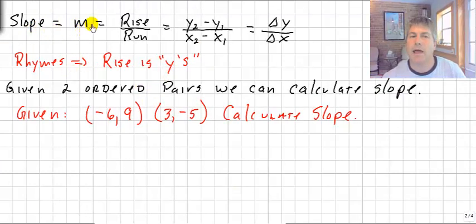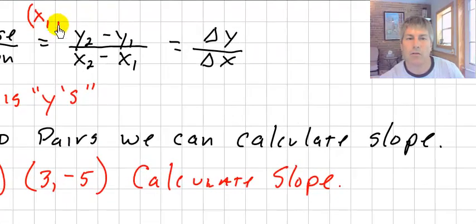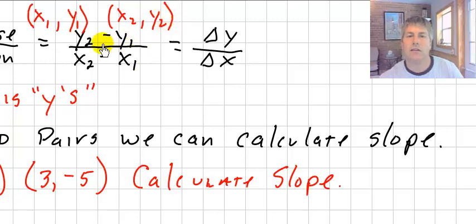Algebraically, we define slope. Yes, m. You'll see that in one of our formats for slope. Slope is rise over run. Okay? If we have two ordered pairs, x1, y1, and another ordered pair, x2, y2, we can calculate slope by subtracting one of the y coordinates from the other and dividing it by the difference of one of the x coordinates from the other.